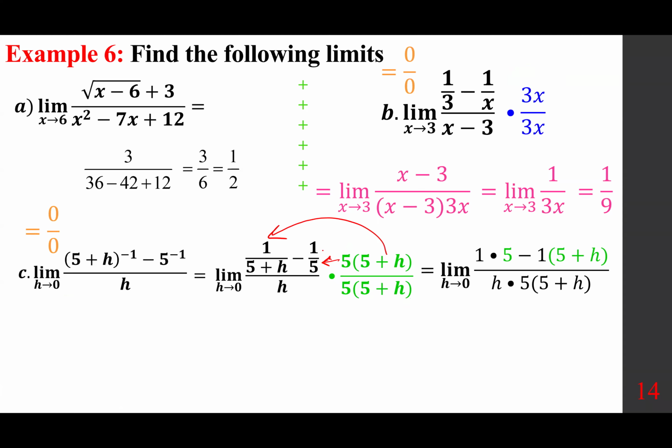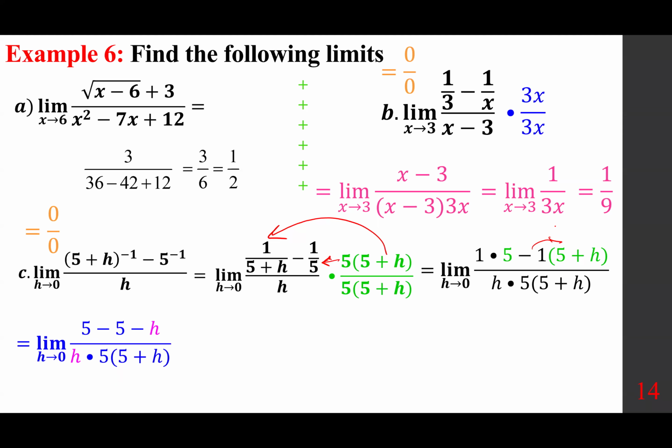So the numerator becomes 5 and distributed, minus 5 minus h, and the bottom we are not doing anything.